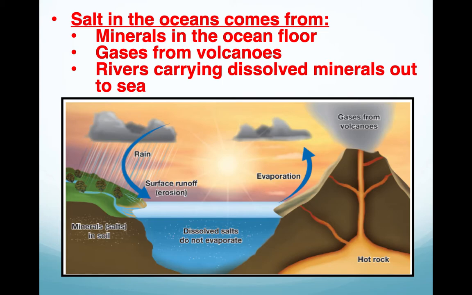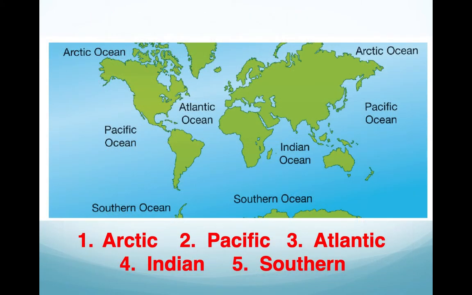Finally, rivers almost all eventually make their way to the ocean. As those rivers move across land and across rocks, they pick up minerals or salts from the soil or from those rocks and carry them off to the ocean. So that is where the salt actually comes from. Those three different sources are why we have that 3.5% salt found in the ocean.